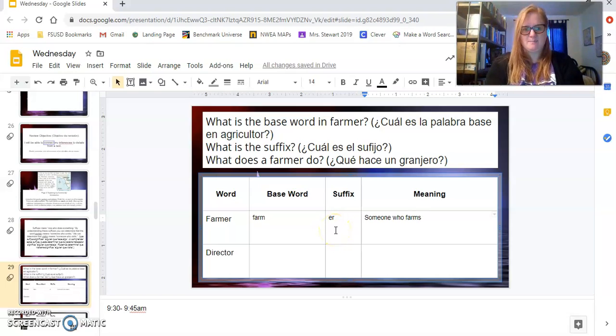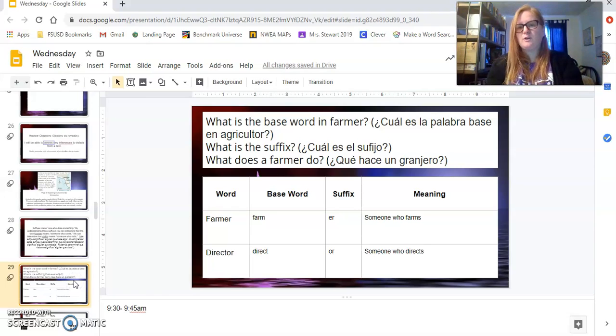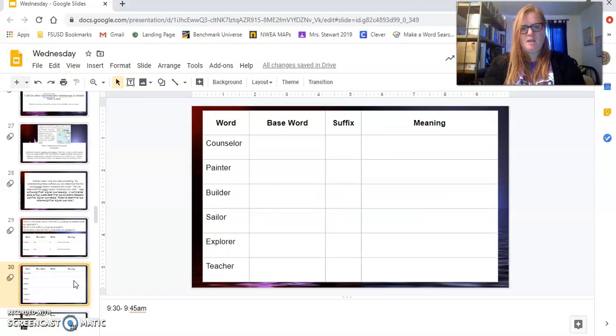Easy enough, right? A director. Our base word is direct. Our suffix is OR. And our meaning is someone who directs. Once again, super simple, super easy. These suffixes, this is one of your easiest tasks today.